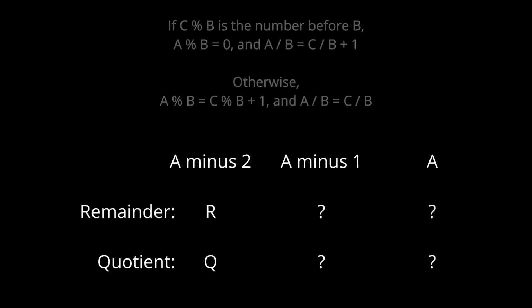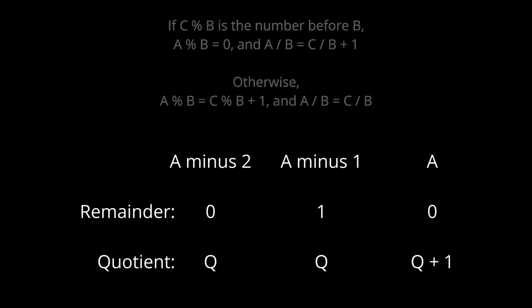If A minus 2 divided by 2 has a remainder of 0, then A minus 1 divided by 2 would have remainder 1, and a quotient that's the same as A minus 2 divided by 2, and A divided by 2 would have remainder 0 again, and quotient 1 more than A minus 2 divided by 2.